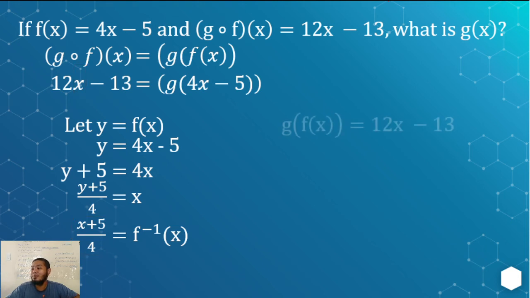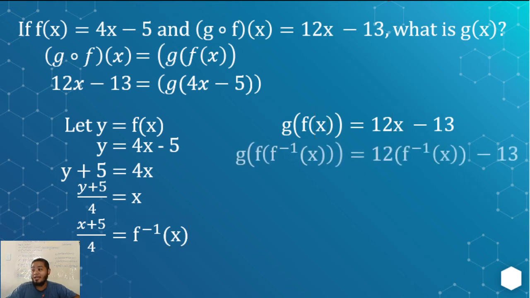Okay, so we will have g of f of x that is equal to 12x minus 13. So I'm going to change x by f inverse of x. Proceed. We will get g of f inverse of x is equal to 12 times f inverse of x minus 13. So you see now, it's not appealing if there are so many parentheses.